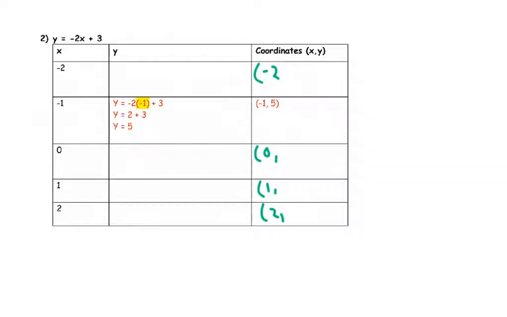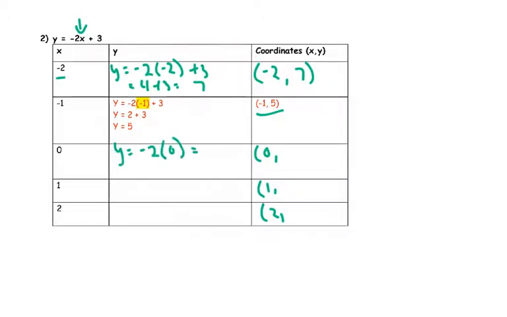Filling those in ahead of time to make this easy on myself. -2 times -2, because that's what x is, and x is here. -2 times -2 is 4, plus 3, which equals 7. This one's done for us. -2, x is 0 in this case. Oops, plus 3.